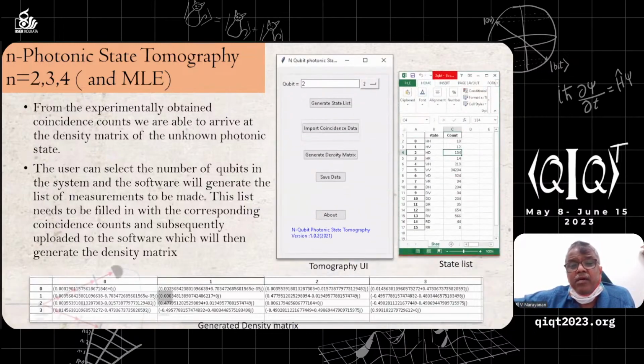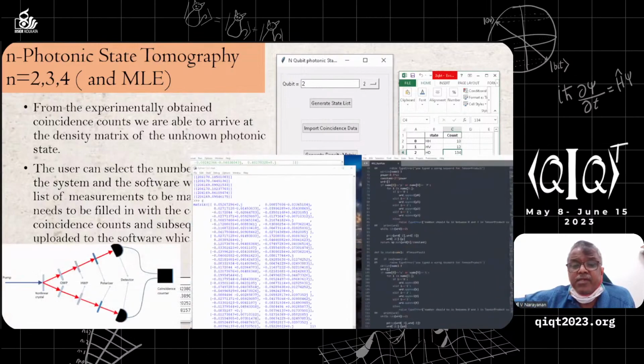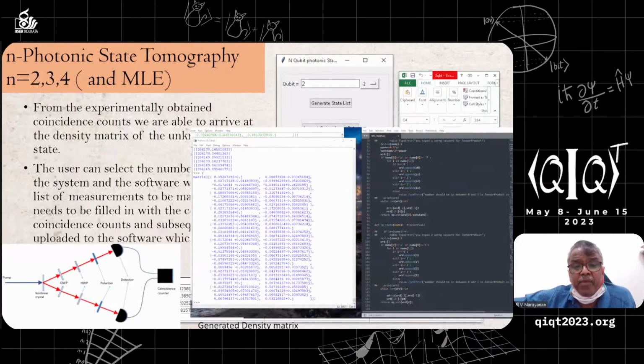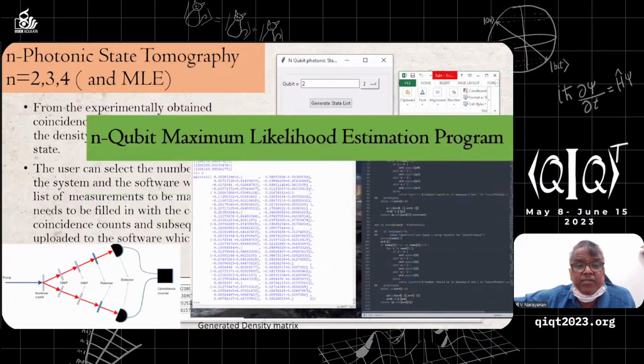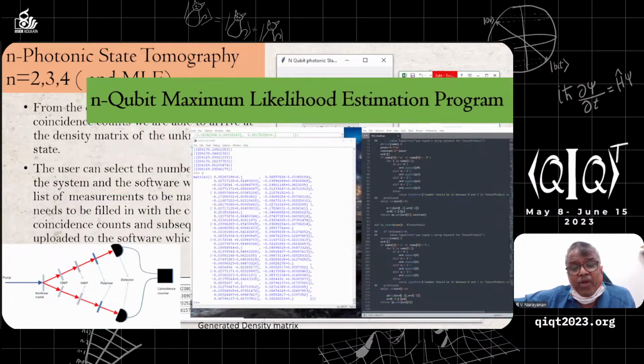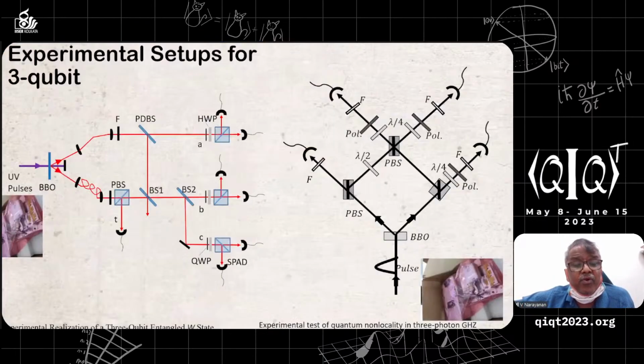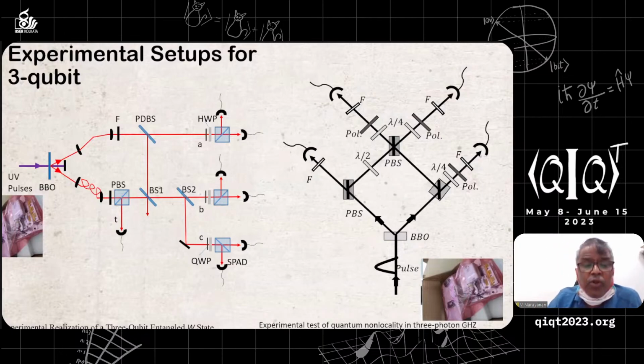We have used a 2-stage optimization to get this MLE function. Of course, in principle one can expand this, but it becomes more and more complicated. To generate higher-order entanglement, one uses the initial 2-qubit entangled states, and you can see here a 3-qubit case.